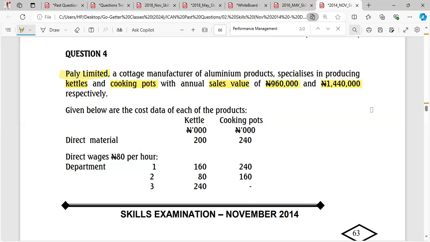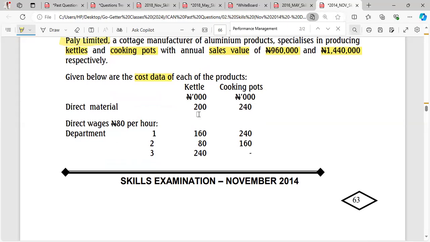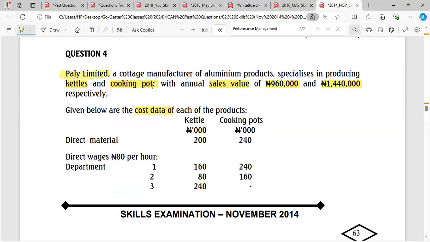So these are their sales values. Now, given below are the cost data for each of the products, per unit. So we have direct material 200,000, 240.